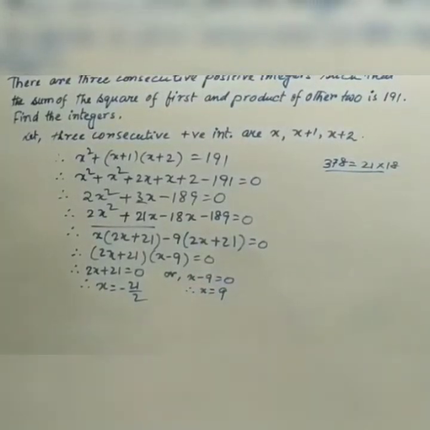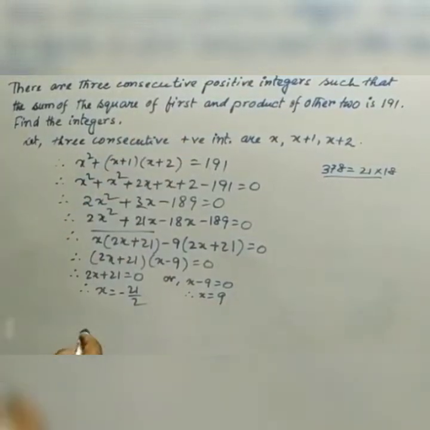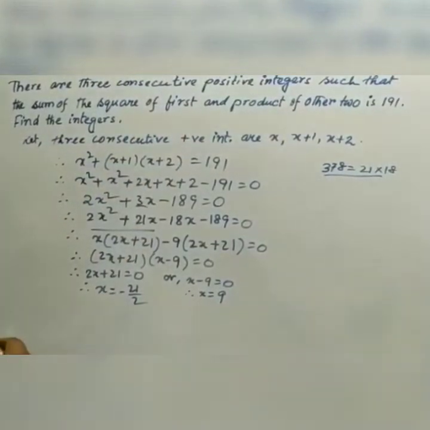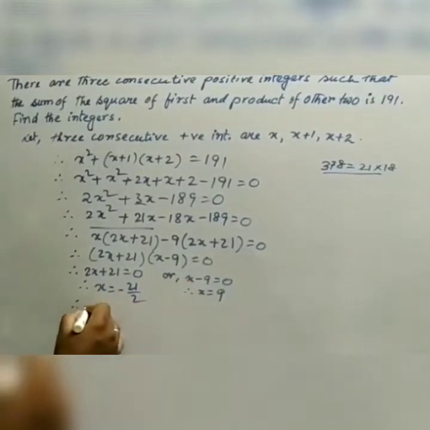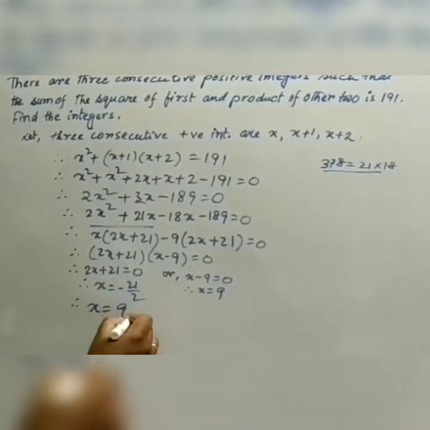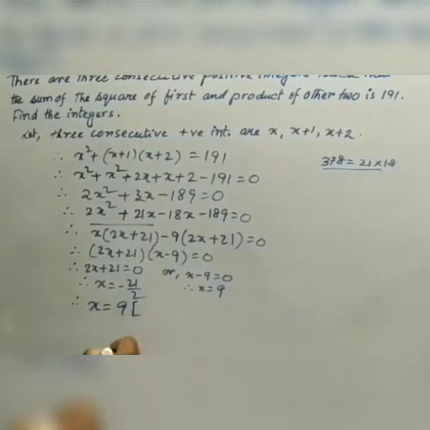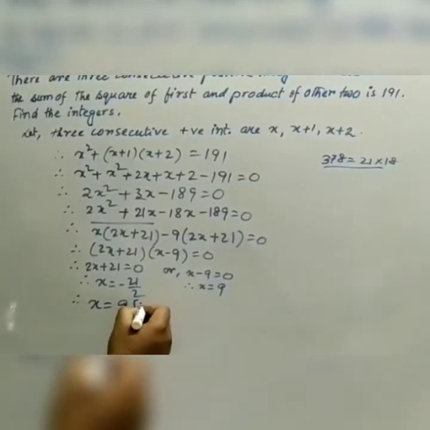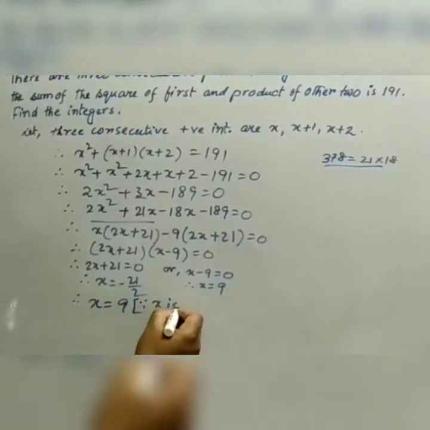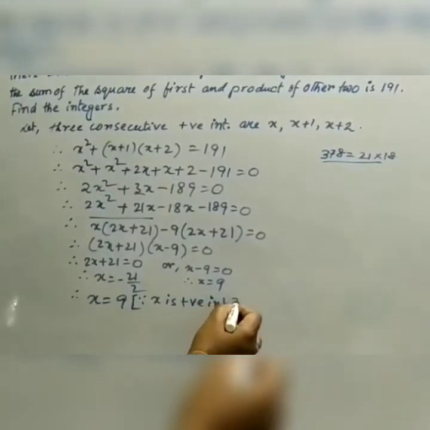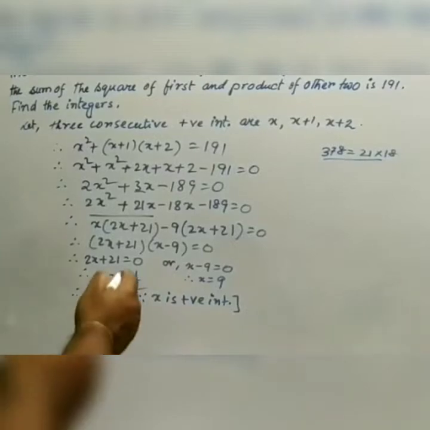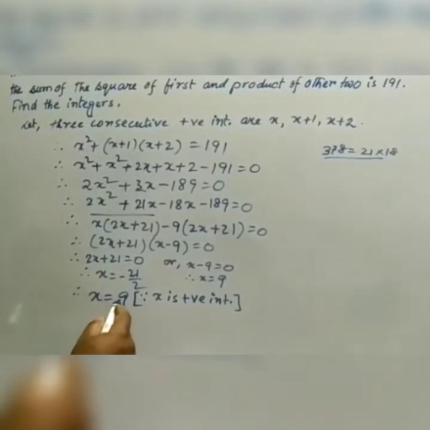Since the question says positive integers, we cannot take minus 21 by 2, so x will be 9. Here you will write the condition: as x is a positive integer, we cannot go for the negative value, so the value of x is 9.